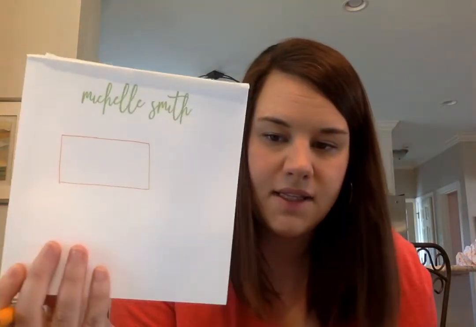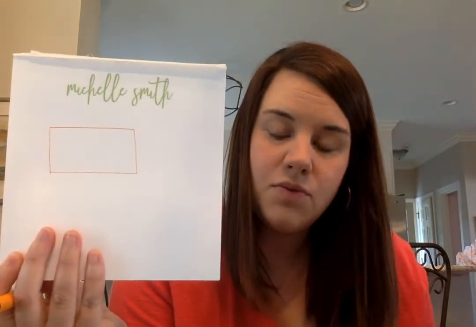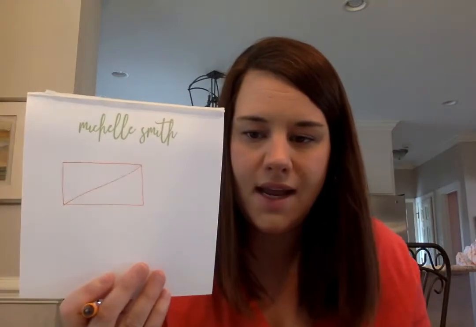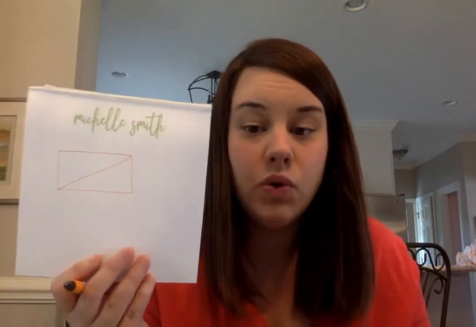So if I draw a rectangle that looks like this, and I hope you can see my orange pen, and then I draw a diagonal line from one corner to the next, I've created two triangles, okay? So when you find the area of a triangle, you're still going to be multiplying two dimensions, like length times width, or in this case, base times height.